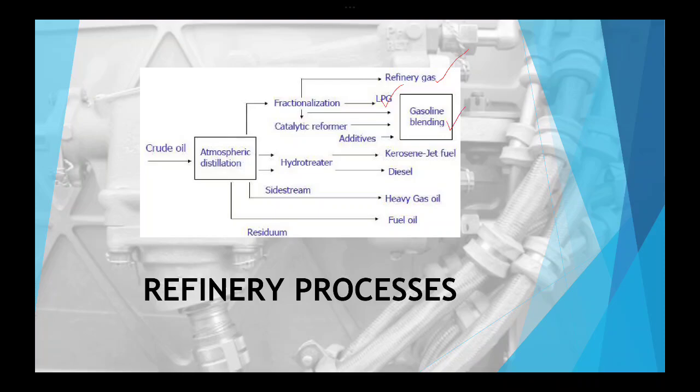Another process is the hydrotreater. If your atmospheric distillation goes to the hydrotreater, you'll get kerosene or jet fuel. Next is the diesel. And for the side stream, you'll get the heavy gas oil and residue, that's fuel oil. That's the refinery process as your first diagram.